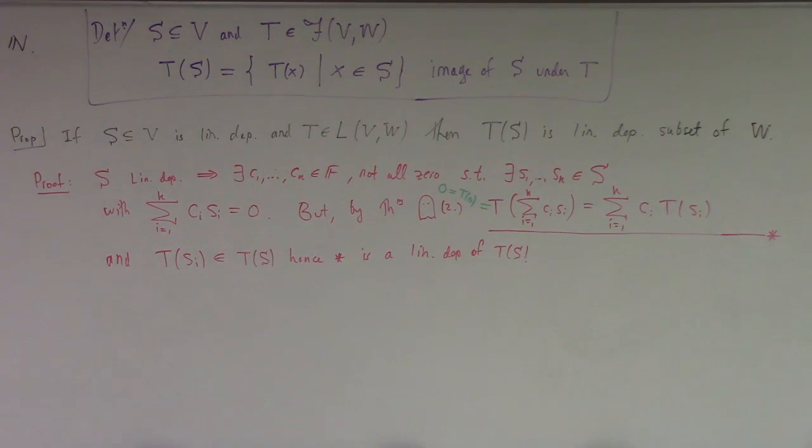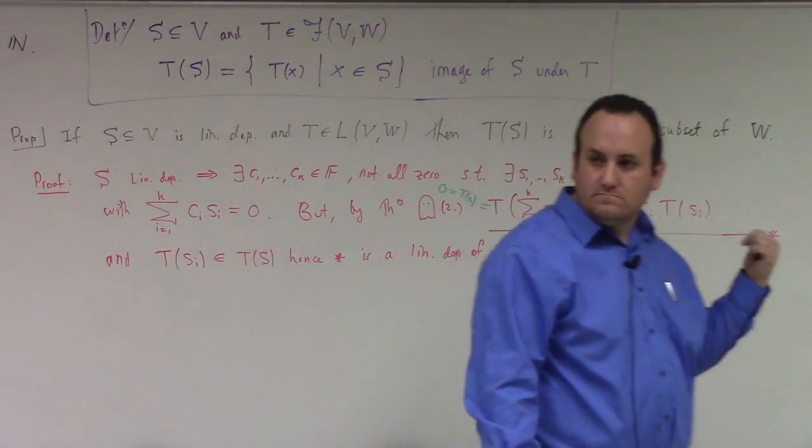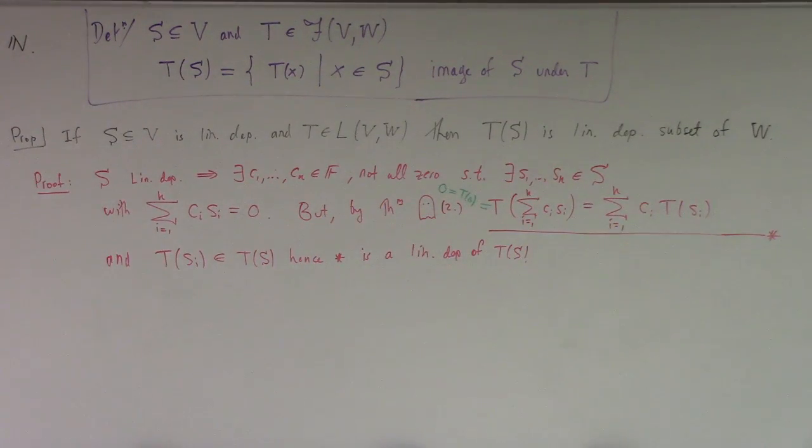It turns out that a linear transformation will map linearly independent sets to linearly independent sets only if the function is in fact injective, if it's one-to-one. So our next thing to study is one-to-oneness, injectivity. Any questions about this proof? Okay.